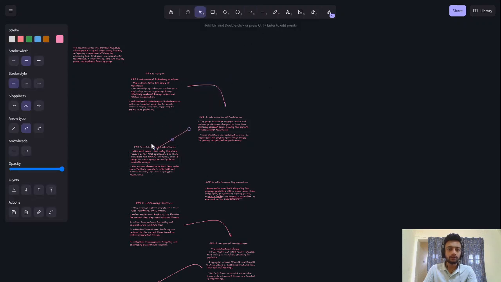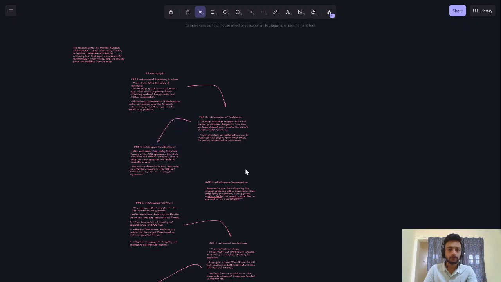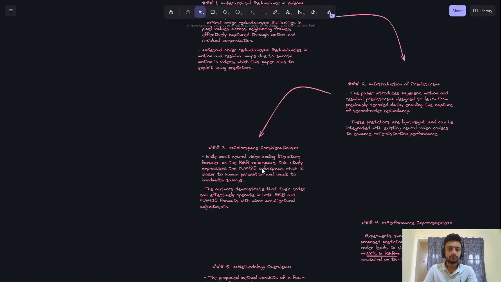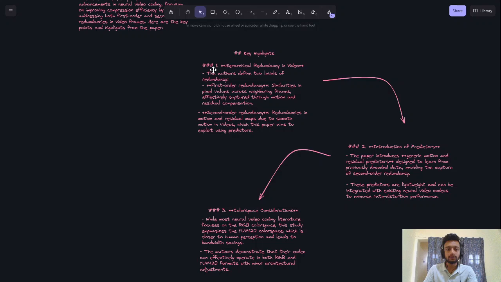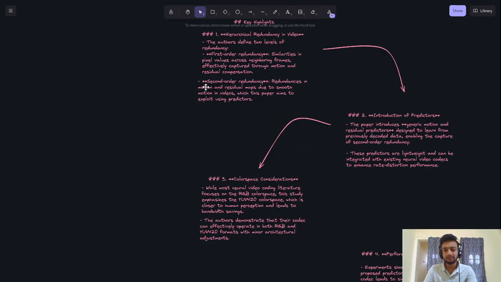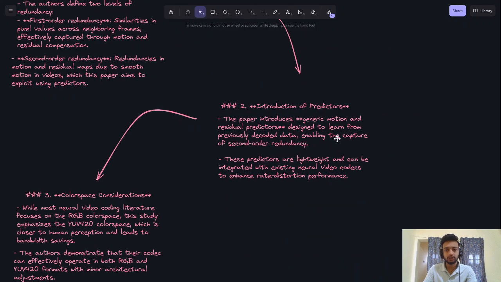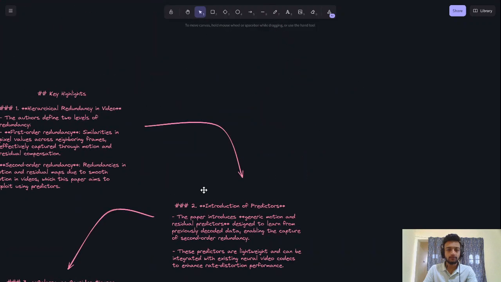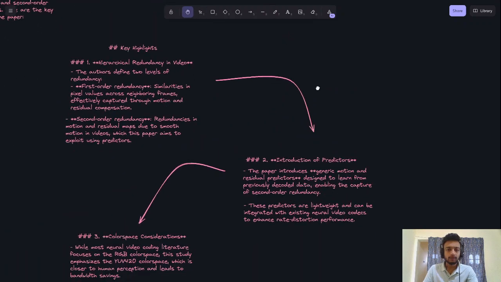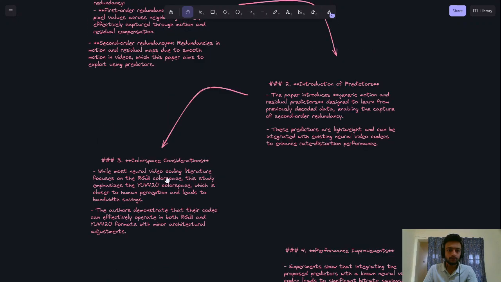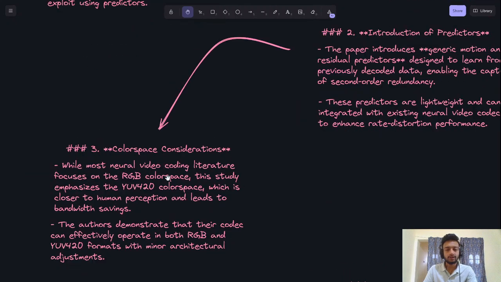So yeah, I'll quickly go over these points. This was about the key highlights. First we saw hierarchical redundancy. The second was the introduction. Then color-based considerations.